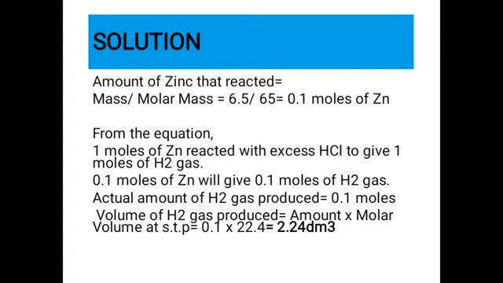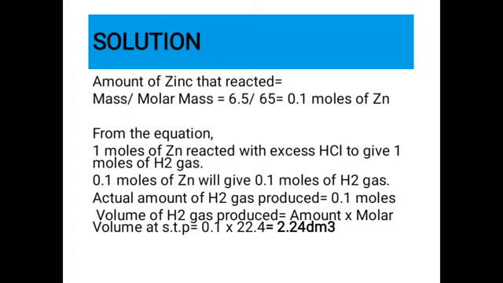The next thing now is to find the volume of H2 that was produced. Here now the formula will change. Recall that the amount of substance is equal to volume of a gas in dm cube over molar volume at STP. And the molar volume of a substance at STP is equal to 22.4 dm cube. So if you now make volume of the gas the subject of the formula, volume of the gas will now be equal to amount times molar volume at STP.